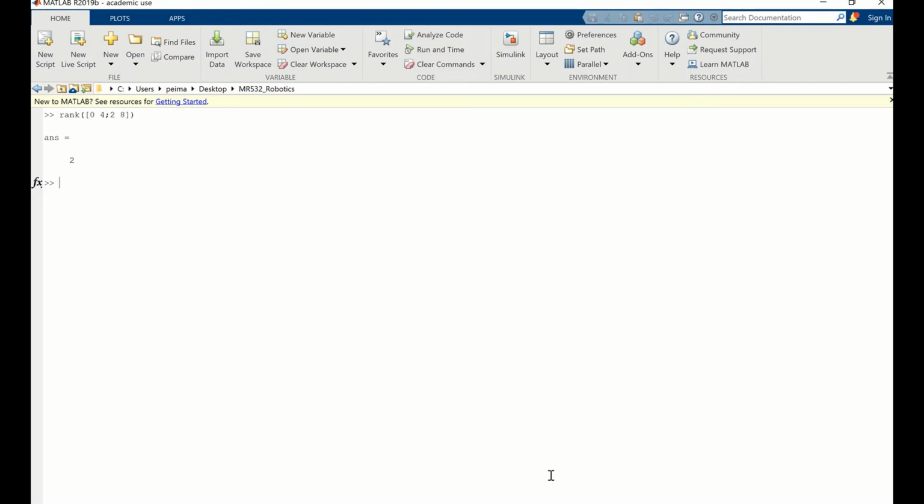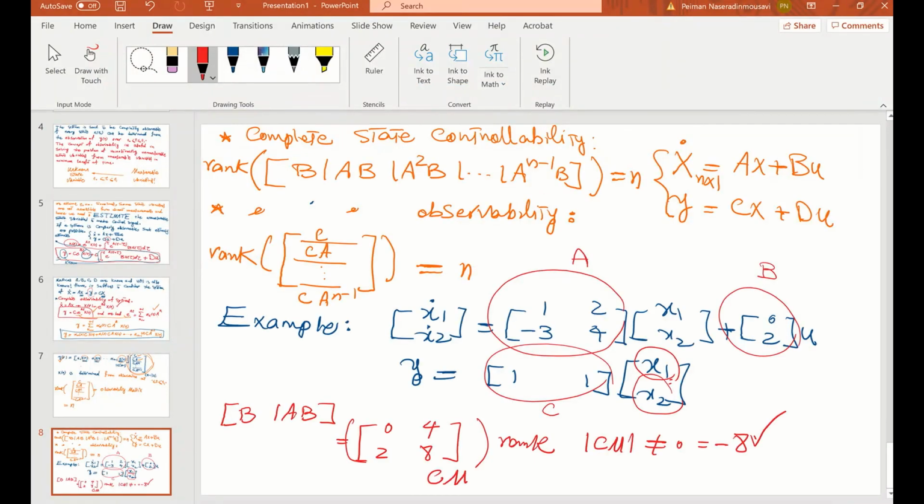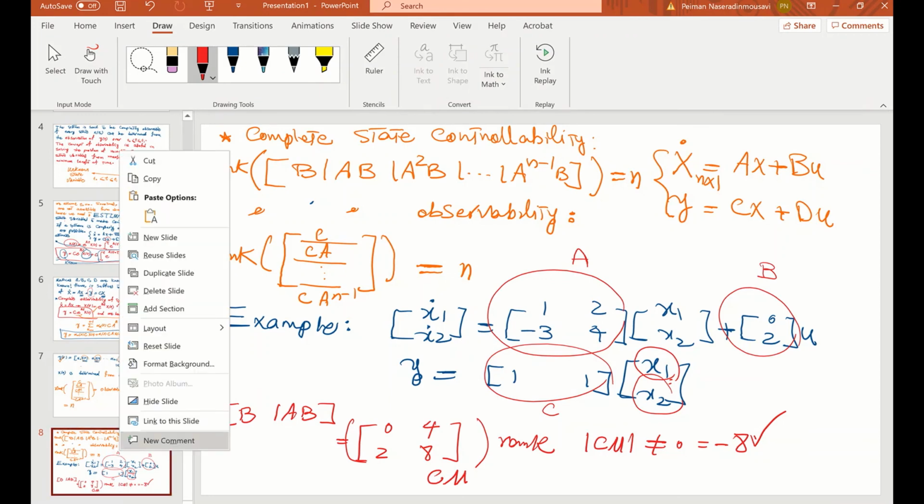So the system is state controllable. Understand? So this is one point. So now let me go to the next page.